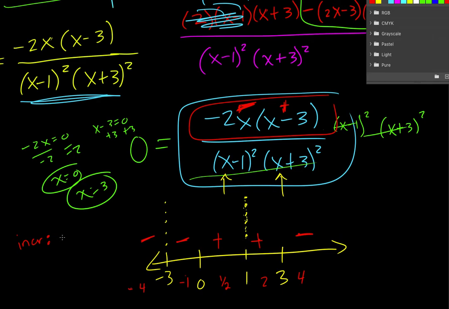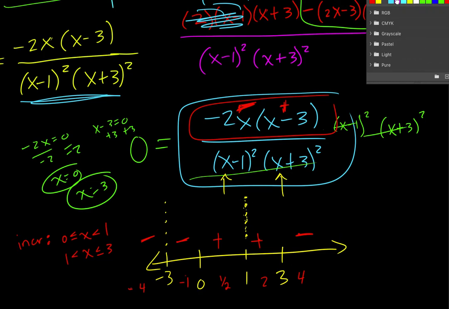So we're going to say like from 0 to 1, like that. Notice how there's no equal sign right there. And then we go from 1 to 3. So we're going from like 0 to 3, but we're like excluding 1.